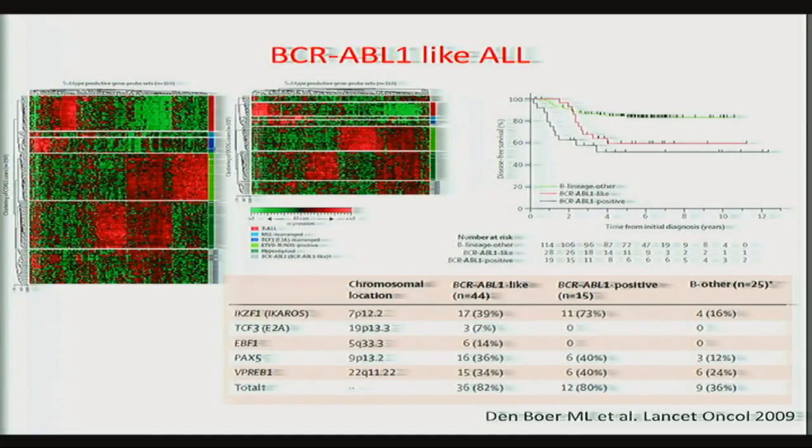Ikaros is another marker which is probably somehow linked with another subtype of the disease. But this subtype we are not able to extract based on the genetic lesions, only based on the expression profile.